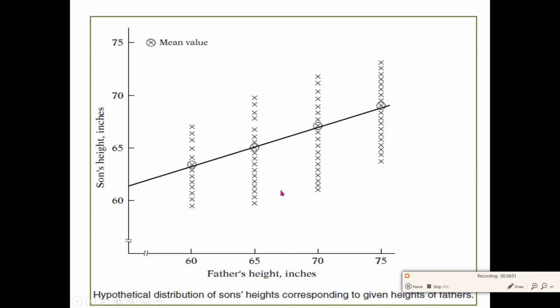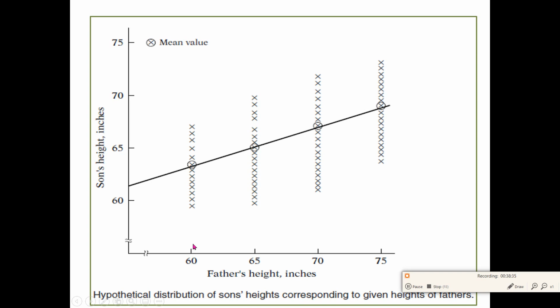Let me explain this whole scenario of height in the modern day interpretation. If we have height of father equal to 60, what is the expected height of the son? This encircled point is the expected height or the average height of a son whose father has a height of 60.